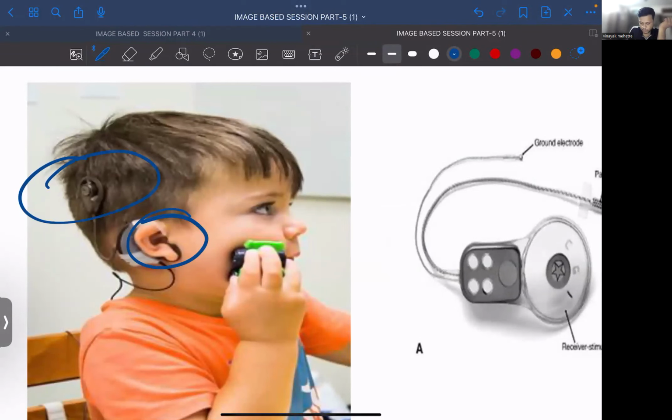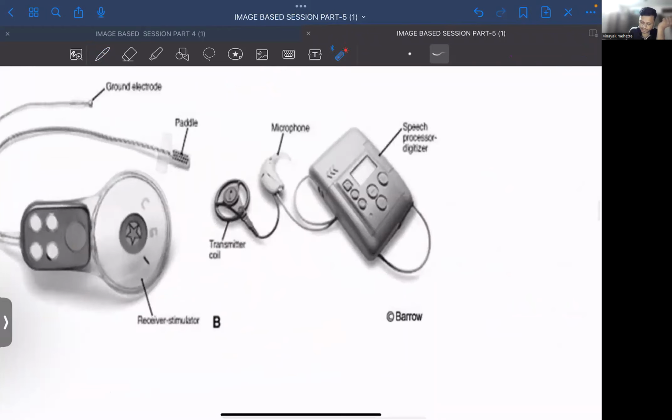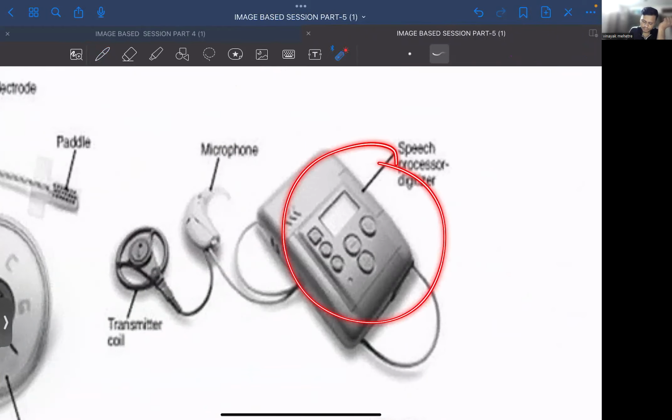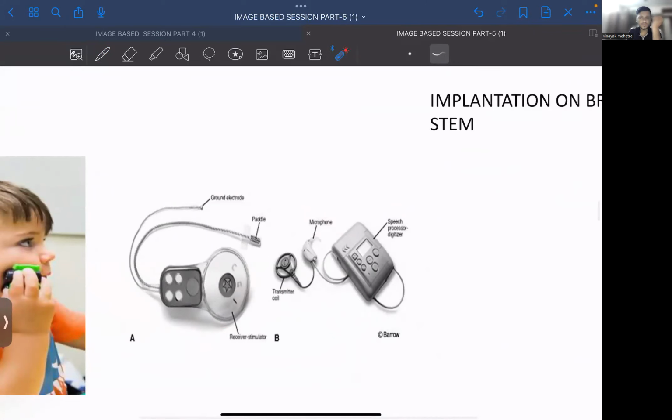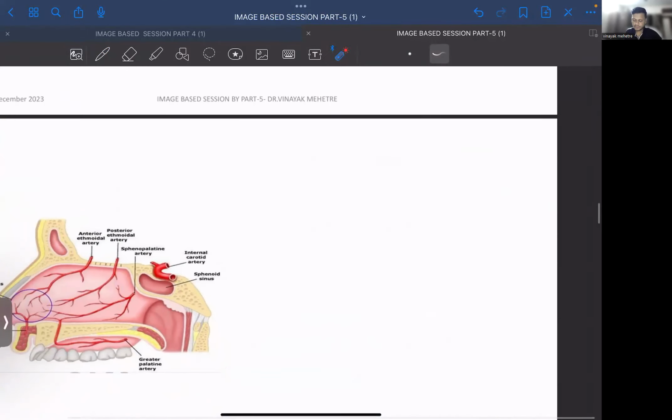Implant with 2 wires. एक मशीन होगी, एक माइक्रोफोन होगा, and this will be the transmitter. So implant with 2 wires is called as ABI. कहाँ यूज करेंगे? Implantation on the brain. That was all about ear.